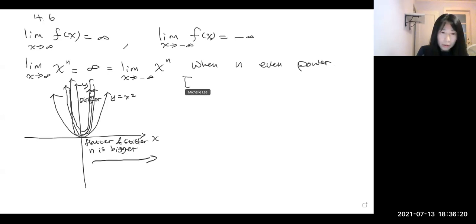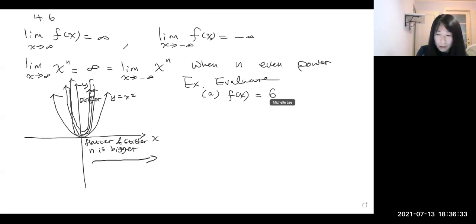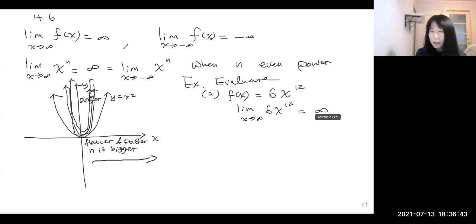So let me see, evaluate. Let us just do that. About 6x to the 12, and positive infinity, right? How about if we had an odd number?